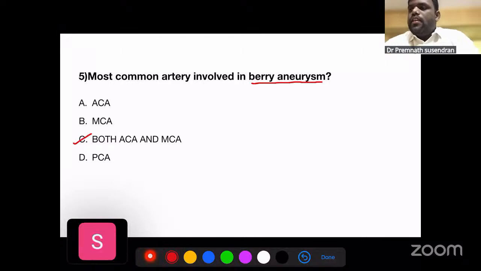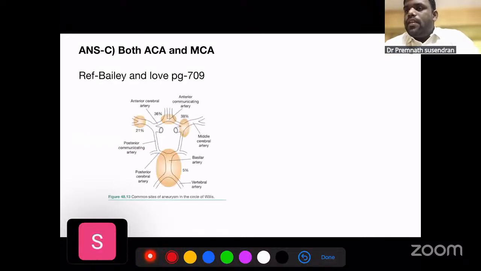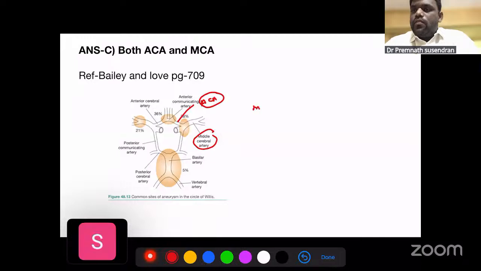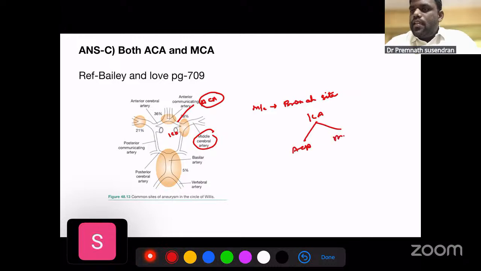The question is mainly taken from the picture from Bailey and Love. It shows that this is your MCA and this is your ACA. The most common site of aneurysm is from the branch site. So this is the ICA, giving the branches ACA and MCA.